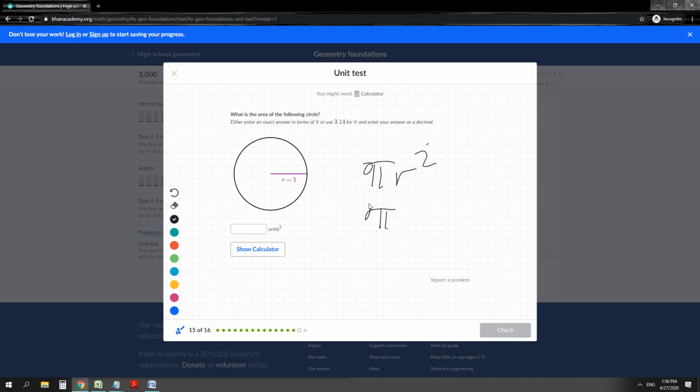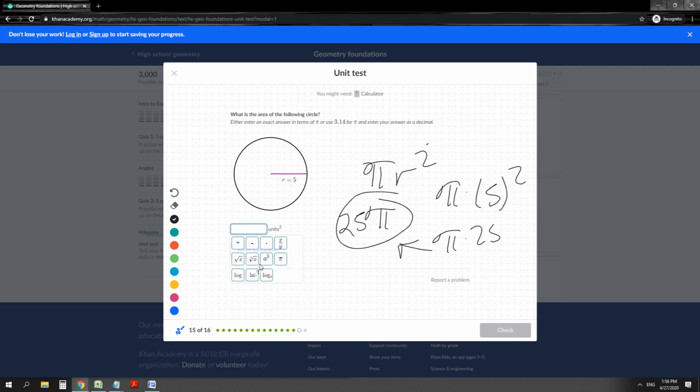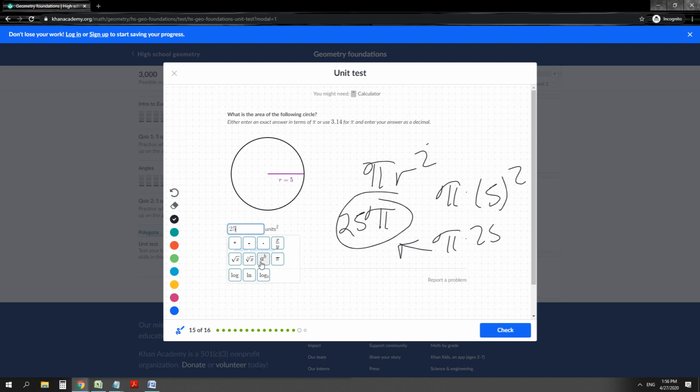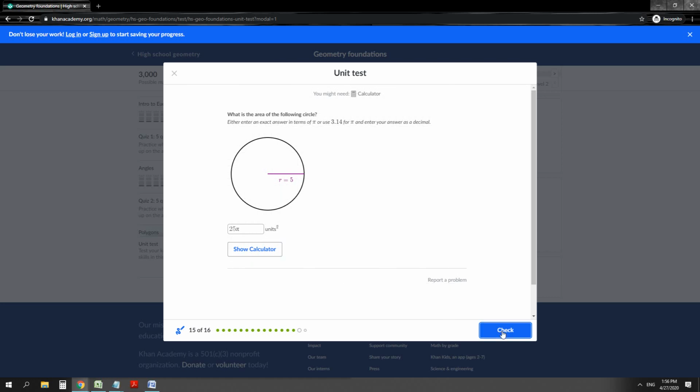The radius is 5. So 5 times 5 is 25. So our answer is just going to be 25 pi's, because it's pi times 5 squared. Pi times 25. That's just 25 pi's. And so we're just going to put in 25 pi. And it has a little button here for me for that pi thing. Okay? So 25 pi units.